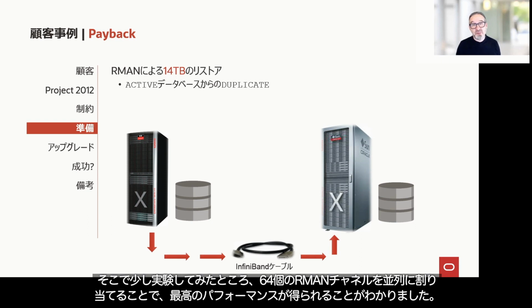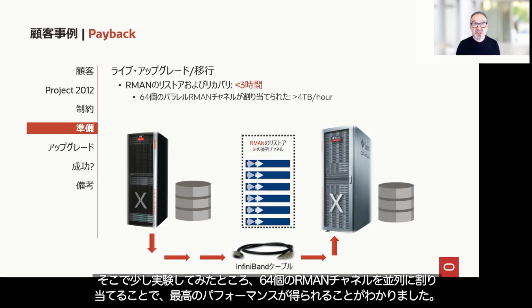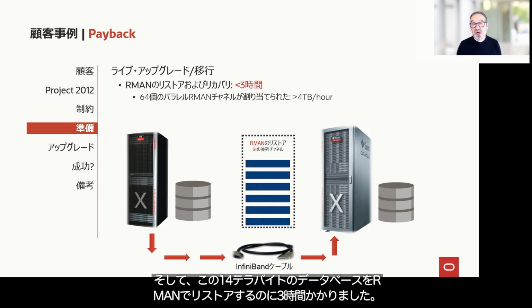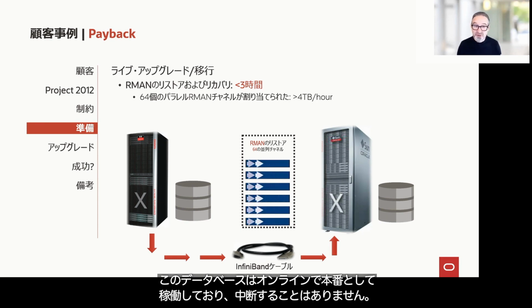So we experimented a bit, and it was clear that the best performance would be reached with 64 parallel RMAN channels allocated. And so we reached more than 4 terabytes per hour over this InfiniBand connection. The RMAN restore of this 14 terabyte database took 3 hours. Now this runs online. Your production is still going on, so you have no interruption here.